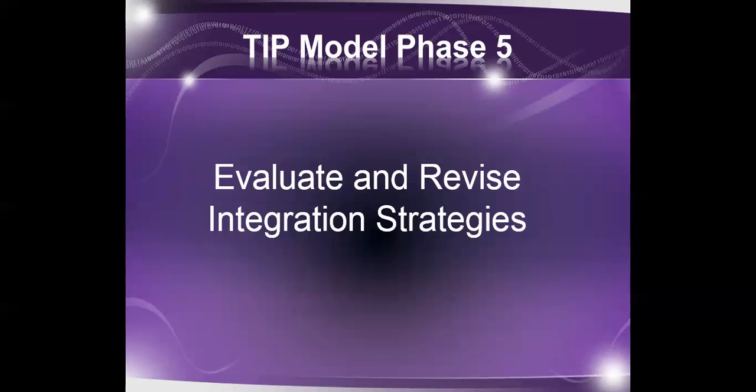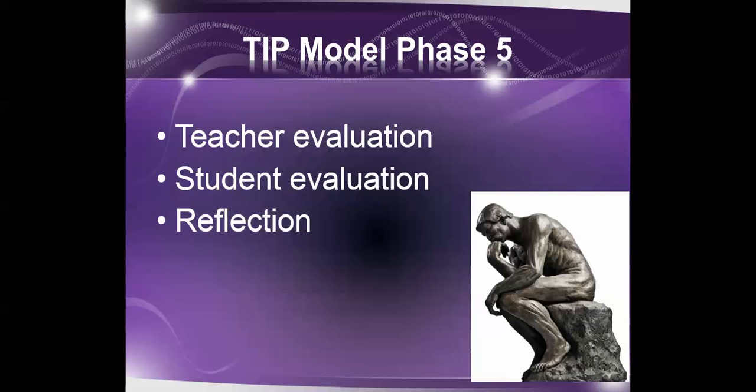You could do some type of teacher evaluation and student evaluation, and a reflection on your own work, because you want to ask the students what they liked about the lesson and how they think it could be improved. In this phase, the teacher needs to evaluate herself and maybe do a revision checklist to make sure they will definitely do the lesson better the next time.